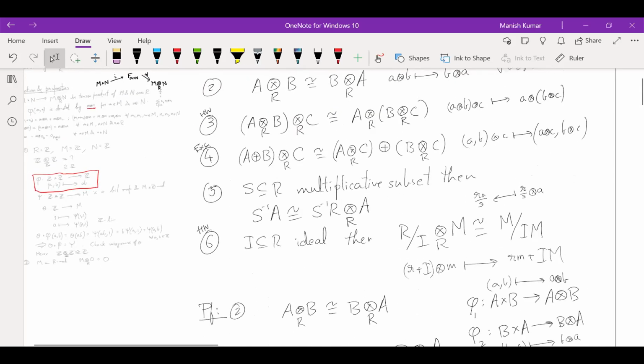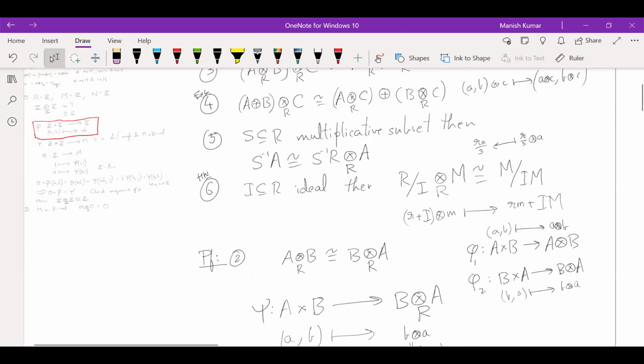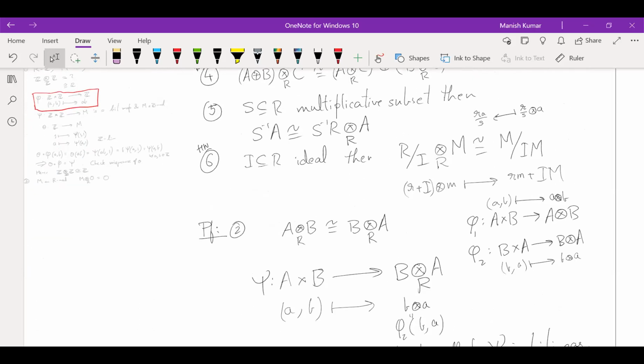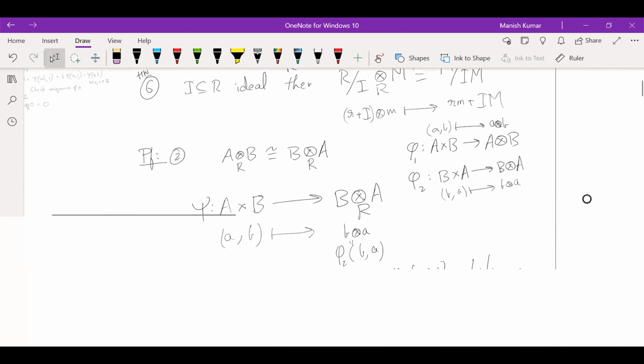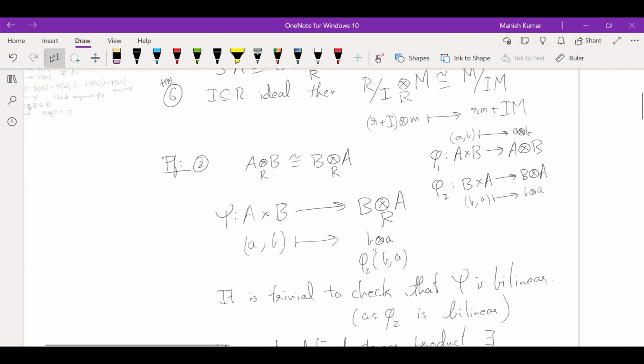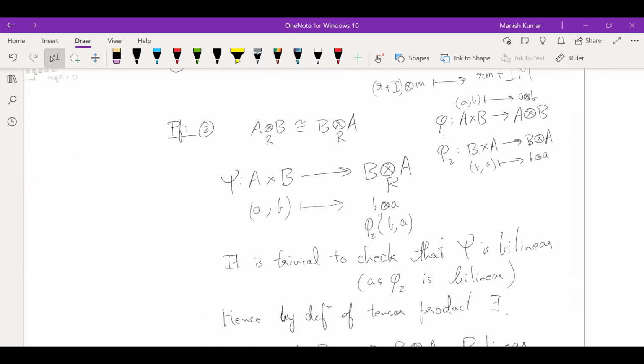So we want to show that A tensor B is isomorphic to B tensor A, and we want to give an isomorphism and check that it's an isomorphism. What one does is give a bilinear map from A cross B, and that will give you a linear map from A tensor B to R. A cross B we know; if we know A and B, then A cross B is also known.